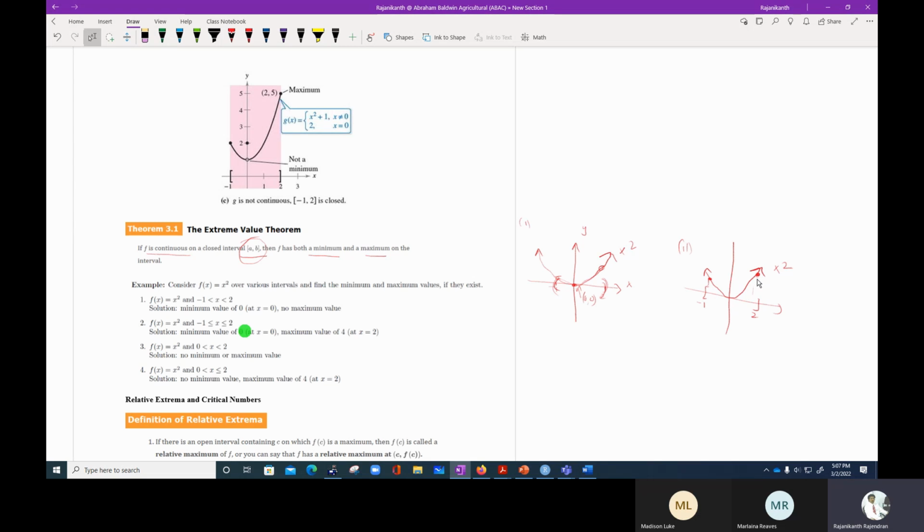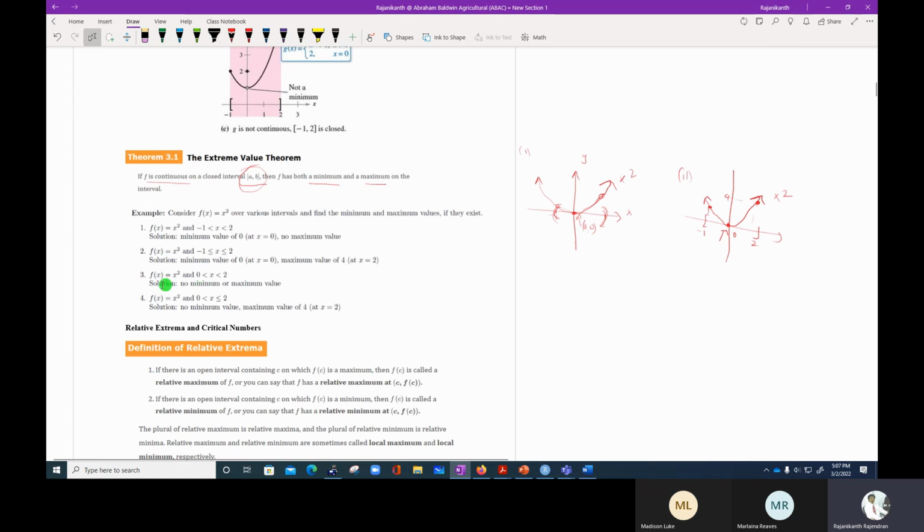But the highest value you will see when x is 2, the function is 4, right? Because of x squared. So the function has a minimum here, which is 0, but the maximum is 4. Minimum value 0 at x equals 0 and the maximum value 4 when x is 2.